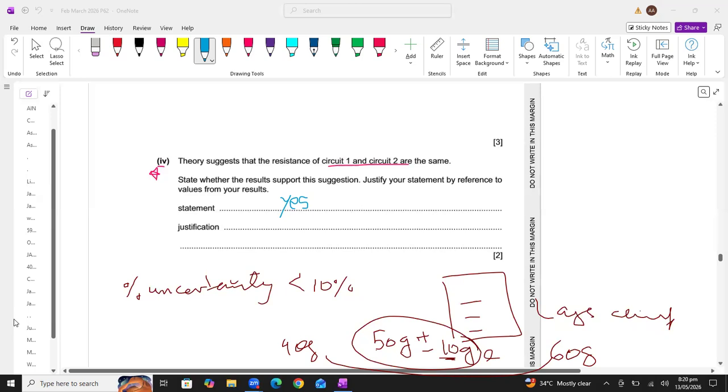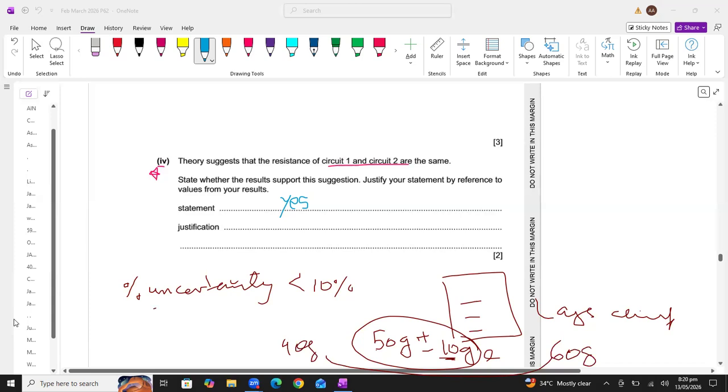There are several reasons for uncertainty, as I told you: random error and systematic error. Are you understanding the concept of uncertainty, students? Like in your maths chapter, you calculate upper bound and lower bound. Basically, with upper bound and lower bound you are calculating the uncertainty in your data. Obviously a value can be uncertain because of several sources of error. 10% uncertainty is acceptable in the experiment.